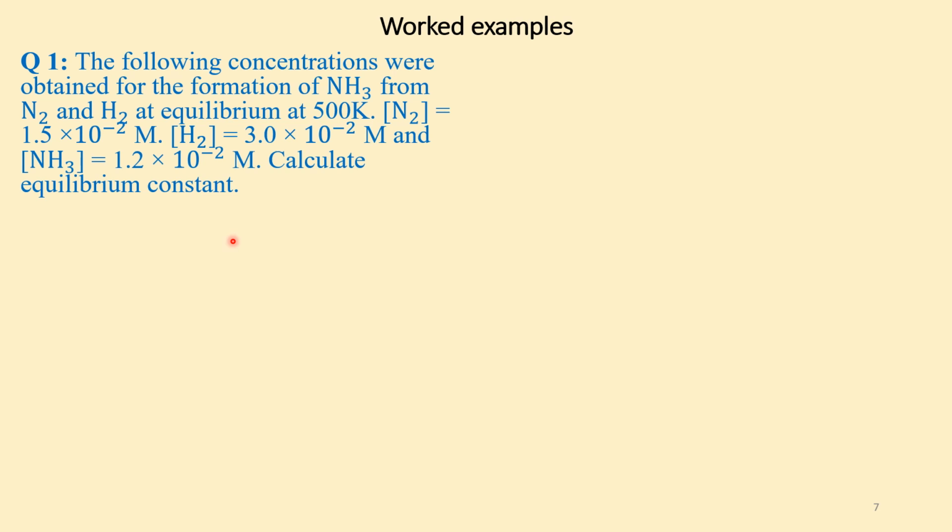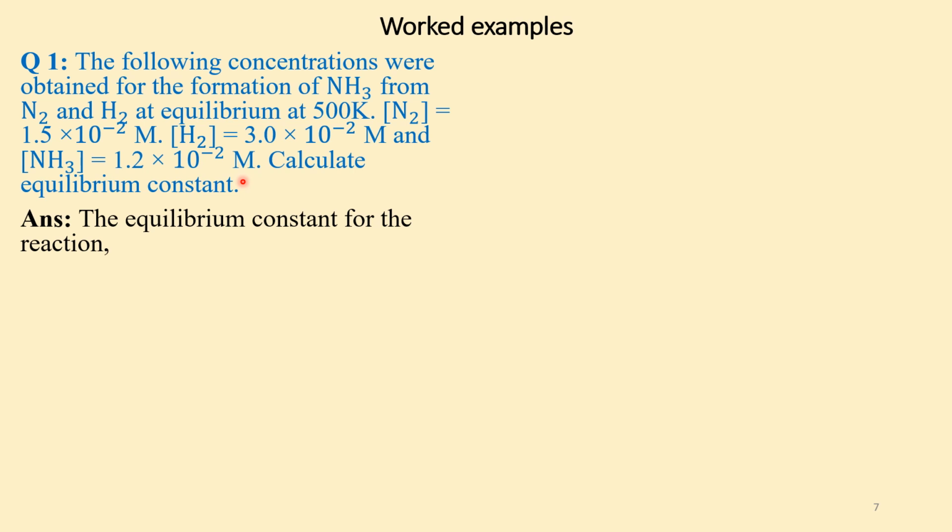That is, the concentration of N2 is 1.5 into 10 to the power of minus 2 molar, the concentration of H2 gas is 3.0 into 10 to the power of minus 2 molar, and NH3 equals 1.2 into 10 to the power of minus 2 molar. So we are required to calculate the equilibrium constant.